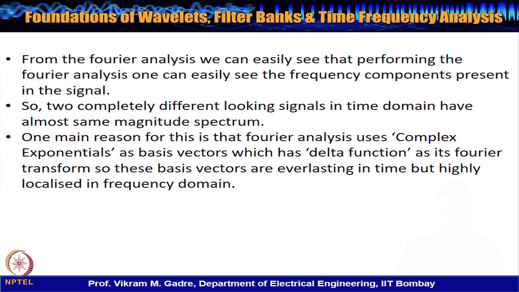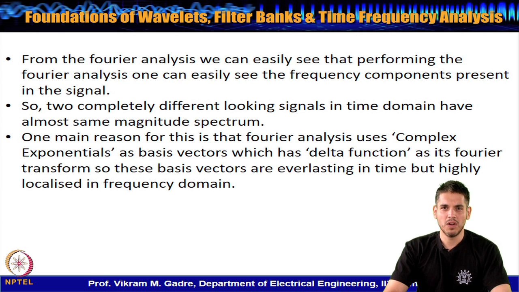One hint is that if we look closely at the Fourier analysis formula, the basis that we are using in Fourier analysis are the complex exponentials. And complex exponentials are made up of sine and cosine waves, which are everlasting waves in the time domain. But if we look at those waves in the frequency domain, then we have two impulses for cosine and similarly two impulses for sine.